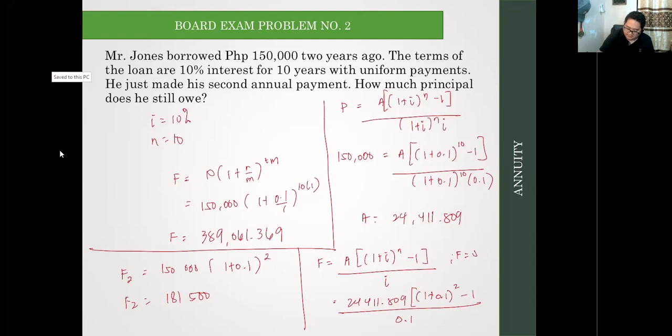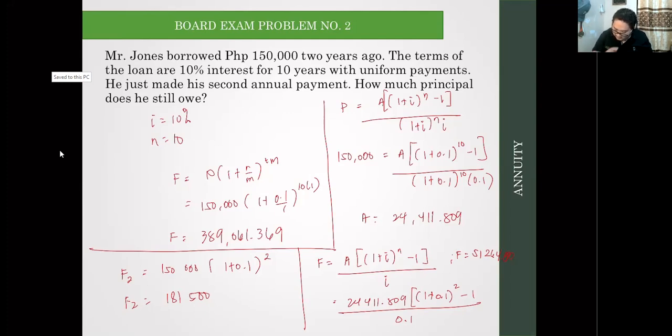So that is 51,264.8. Okay. Ayusin ko to.